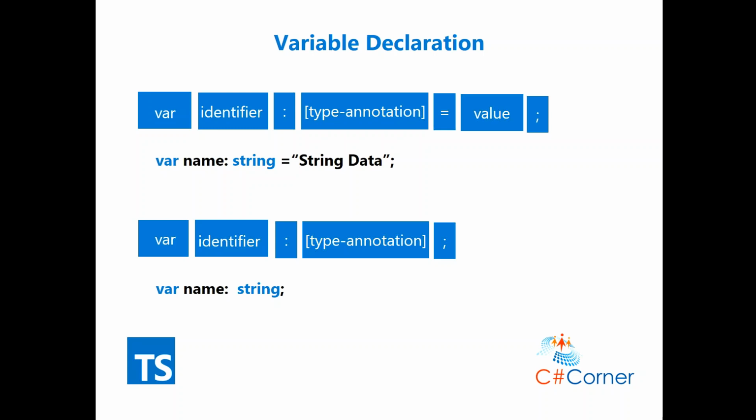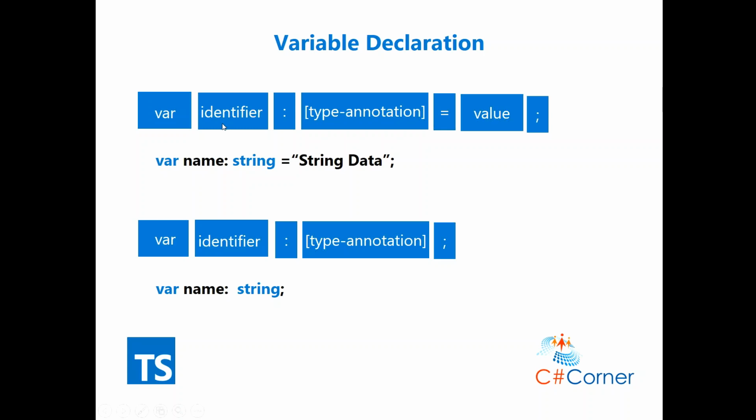If you see the screen, you can find out how you need to declare your variable. C# or Java users have to put the type annotation at the beginning and the identifier last. But in this case, you first declare your identifier. What is the identifier?